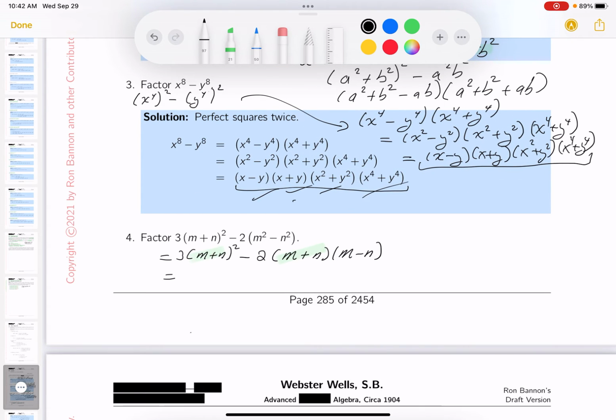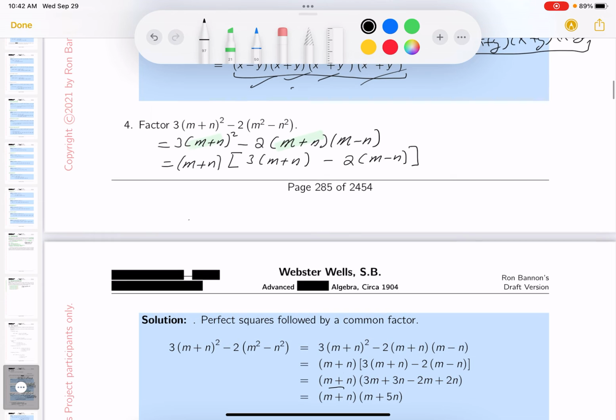So what am I going to factor out? I'm going to factor out m plus n. So I'm going to use a square bracket over here. And that's going to be 3. Well, I took out one factor of m plus n, so one factor remains. And this will be minus 2 m minus n, square bracket. Okay, let me go through the work. This is m plus n.